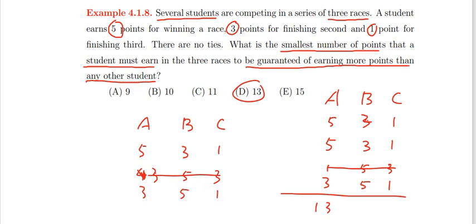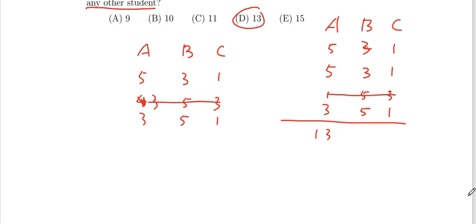Oh, so in this case, if this guy gets another 5, he will win, right? If this 3, yes. So in this case, also should be 13. Yeah. Okay. Let's say A wins. Yeah, 13 should be. Okay.